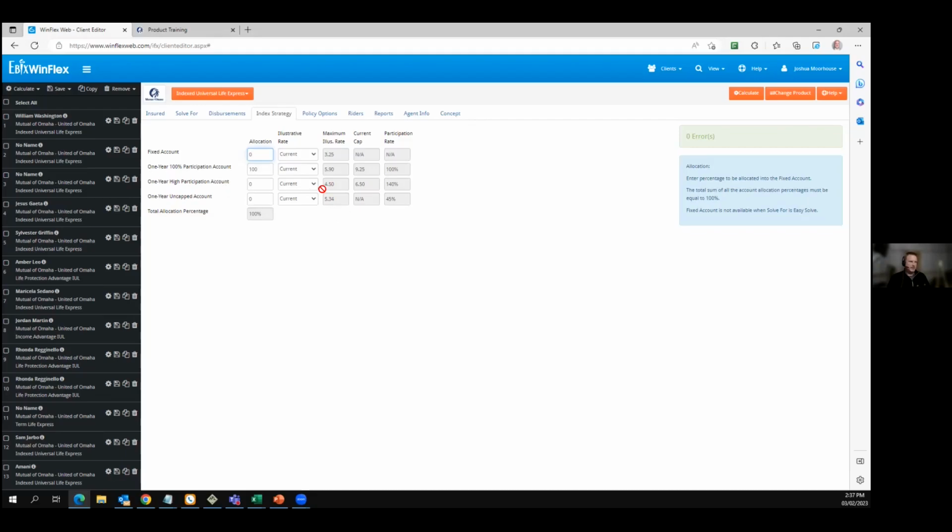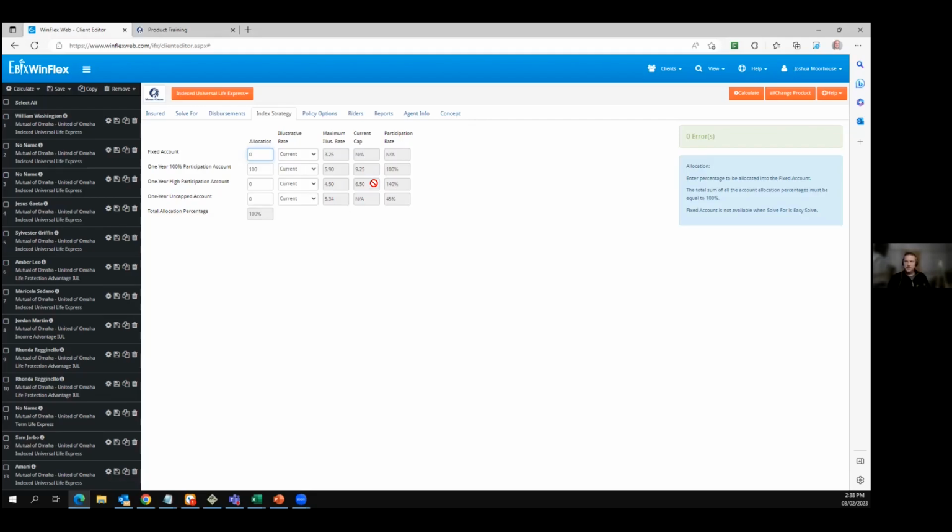And then we have a 1-year high participation account. Let's say the index returns 3%. We multiply that by this participation rate, which is 1.4, and it comes out to about 4.3% return. It works well if it's a lower return because it caps at 6.5.